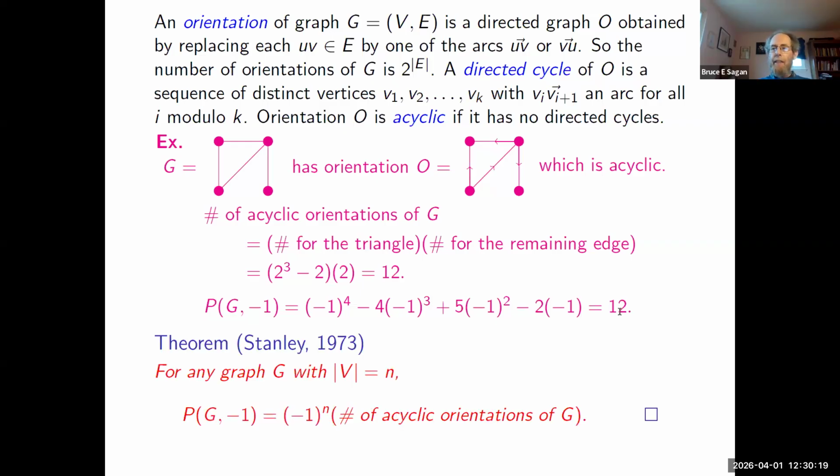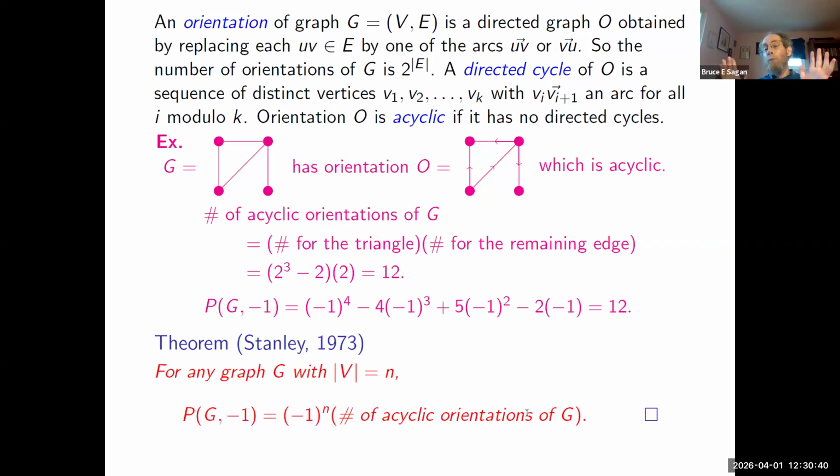Famous theorem of Richard Stanley's from 1973. If I've got a graph with n vertices, and I plug -1 into its chromatic polynomial, I get, up to this sign, the number of acyclic orientations of G. Now this is an amazing, beautiful theorem, and when I saw it, I was so awed by it.